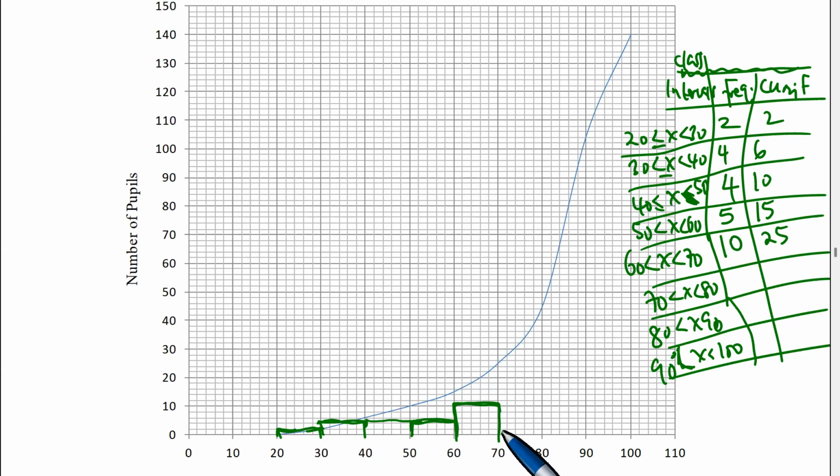Next. At 80, strictly x less than 80. Obviously, agree that these things here are potentially like this, just like that. So we have this between 70 and 80.